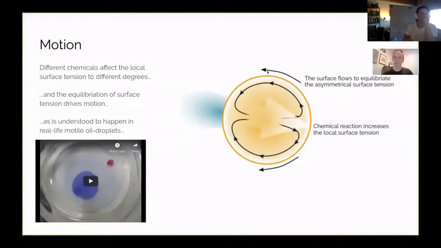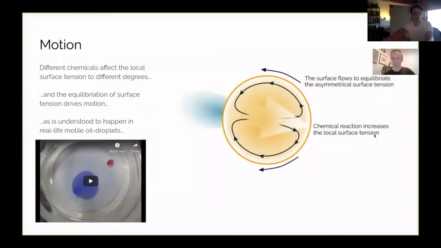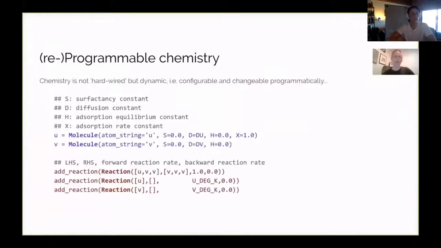So if you see, for instance, this black arrow at the top here, there's flow across the surface going this way, and flow also across the surface going this way, and these will combine to push the droplet to the right. So essentially we're taking our understanding of the natural phenomenon and including it in our model to cause these motile oil droplets to move around in simulation.